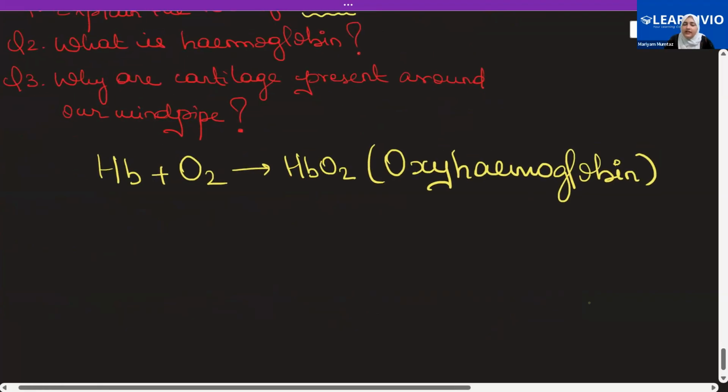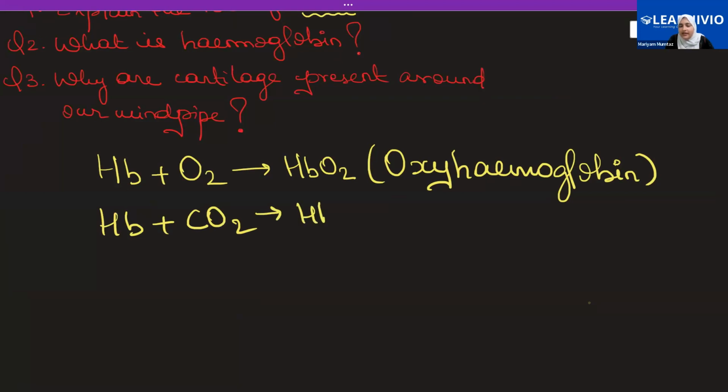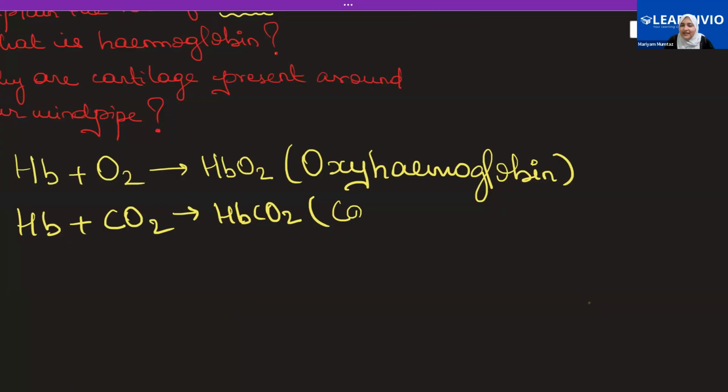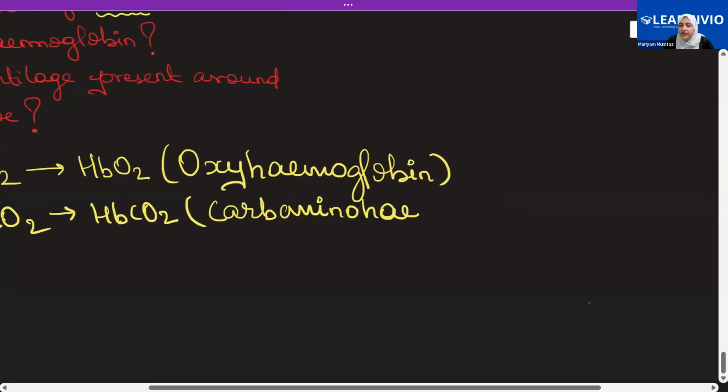What if the carbon dioxide combines with the hemoglobin? What will it make? It will be called carbaminohemoglobin. Okay, this Hb is the symbol of hemoglobin.